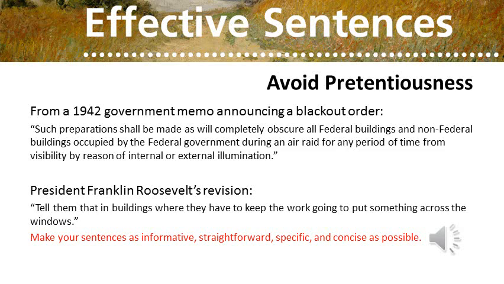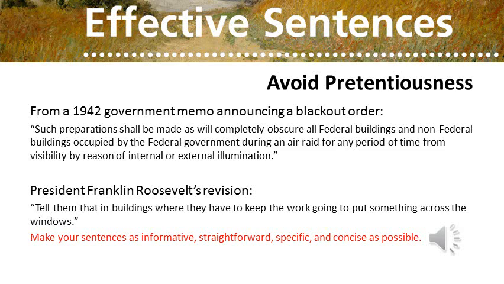So we have an example here from an actual 1942 government memo announcing a blackout order. This is during World War II, of course. So here's what the original memo stated. Such preparations shall be made as will completely obscure all federal buildings and non-federal buildings occupied by the federal government during an air raid for any period of time from visibility by reason of internal or external illumination.